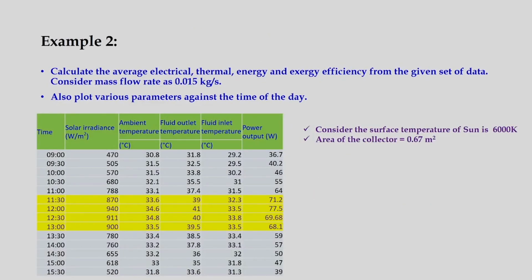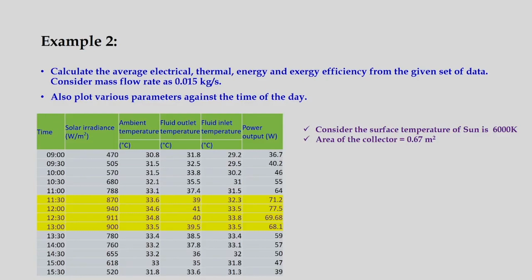So, let us take one example, like calculate the average electrical, thermal, energy and exergy efficiency from the given set of data. Consider mass flow rate as 0.015 kg per second, and also plot various parameters against the time of the day. Okay. So, this is data what we have generated in our experiments, right.